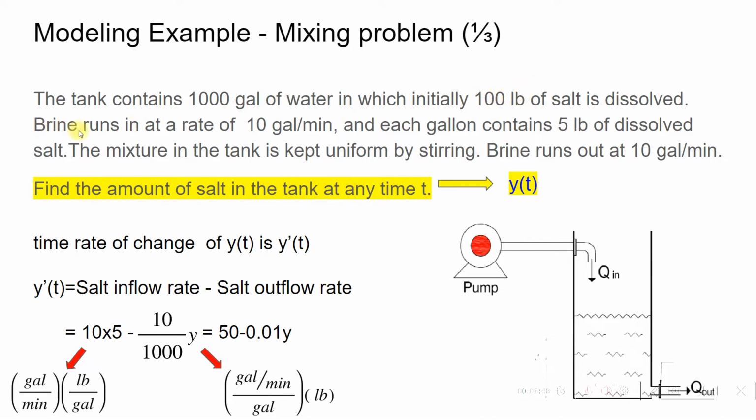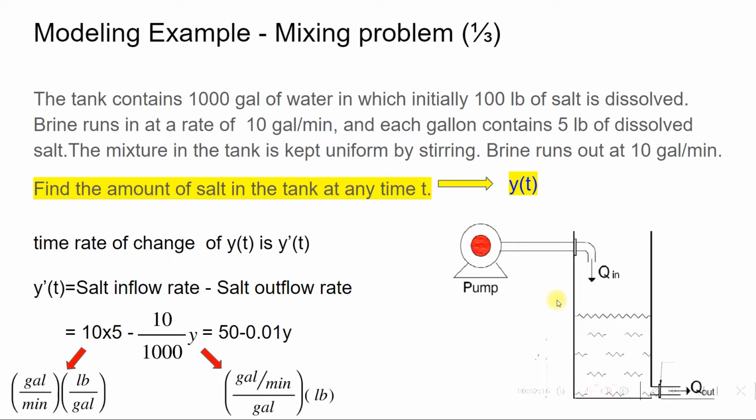And the inflow of brine has a concentration of 5 pounds per gallon, right? So the inflow of brine is of high concentration, and the water in the tank is of low concentration.